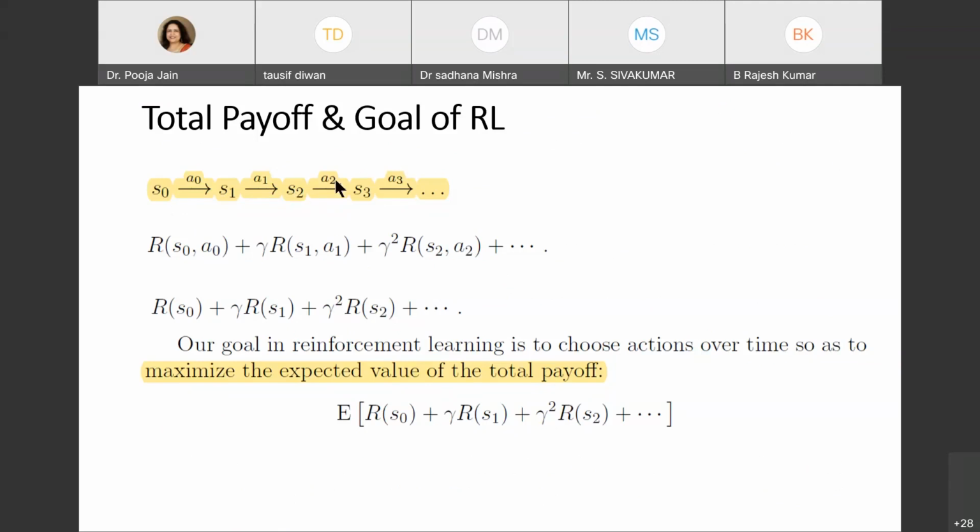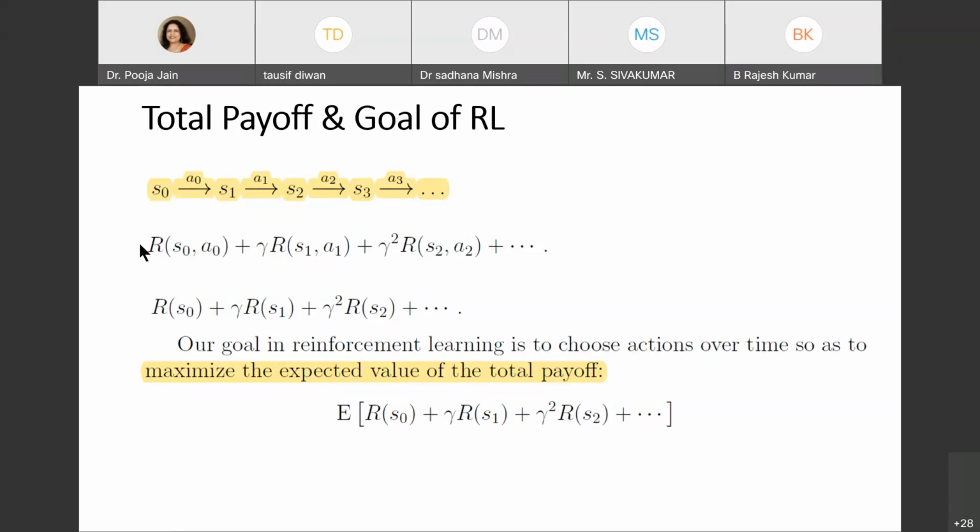Once again you take A2, you reach S3 and so on. Now see here, what is the reward generated by taking action A0 when you are at S0? Then what is the reward generated after taking action A1 when you are at state S1? What is the reward generated after taking action A2 when you are at state S2?